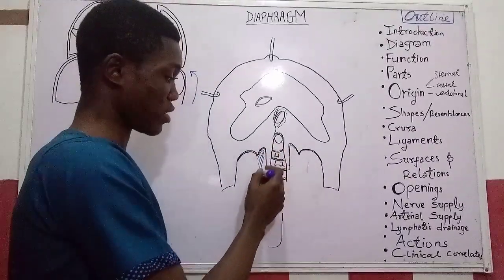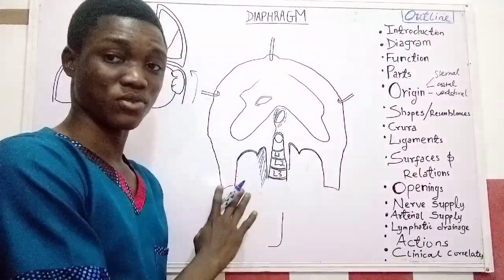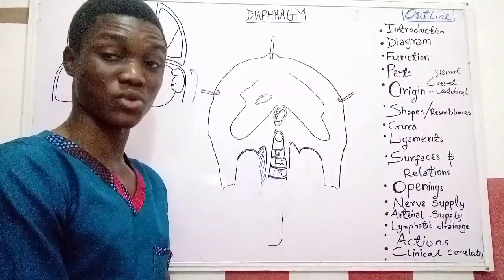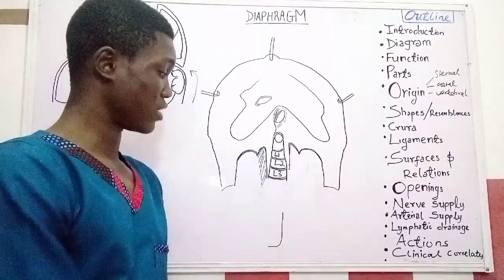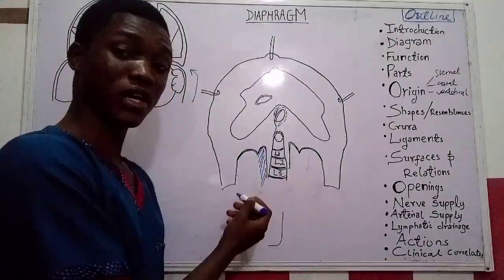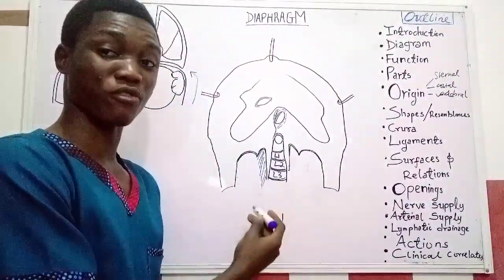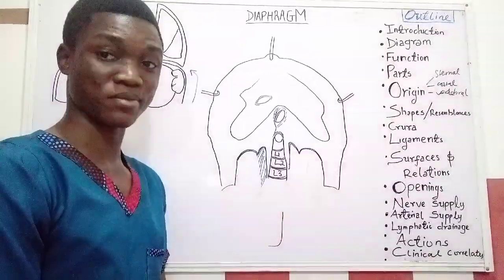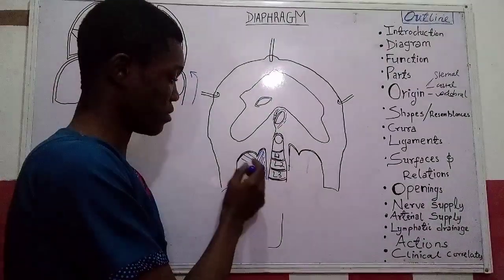So assuming this is the psoas muscle here, the psoas muscle is located around here, the psoas fascia is covering it, then the thickened upper margin of this psoas fascia forms the medial arcuate ligament, whereas the lateral arcuate ligament is formed as the thickened upper margin of the fascia that lines or covers the quadratus lumborum muscle, that is the lumbar fascia. So this is the quadratus lumborum muscle here.